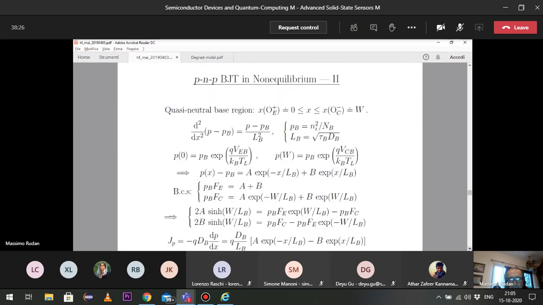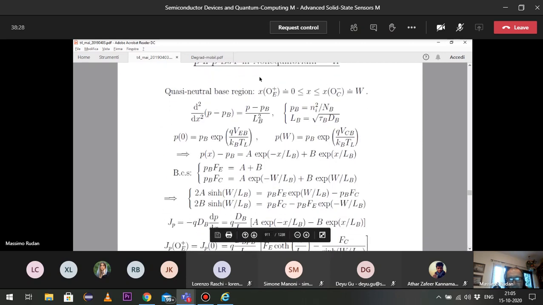So we are between OE plus, and here we can place the 0. And the other side of the neutral base region is at OC minus. And OC minus is at the finite distance from the origin. And actually, we know this finite distance is W, is the width of the neutral base region. Okay.